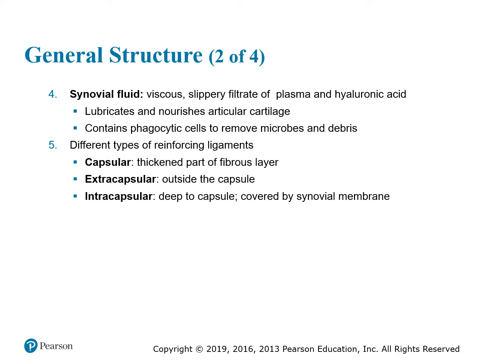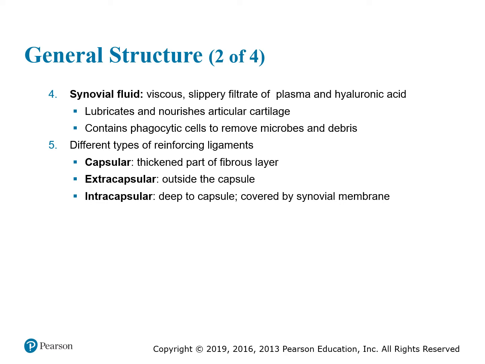Number 4, synovial fluid. This is a viscous, slippery filtrate of plasma and hyaluronic acid. The synovial fluid acts to lubricate and nourish the articular cartilage. It also contains phagocytic cells that move to remove microbes and debris from the joint cavity.